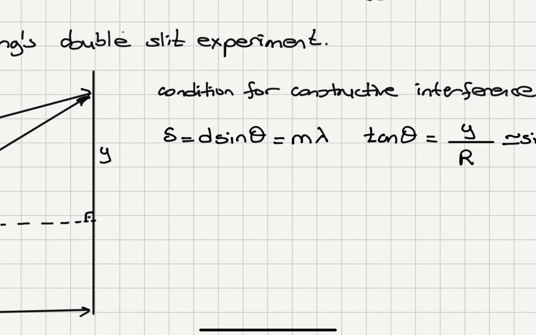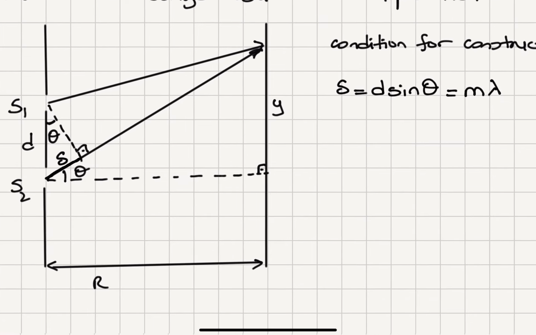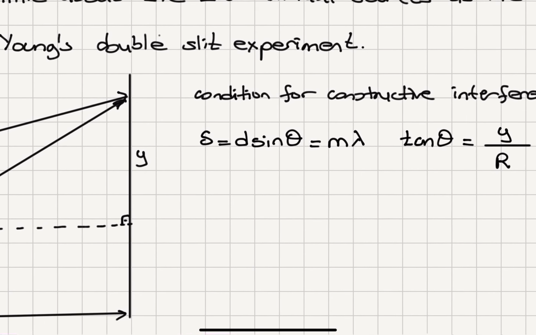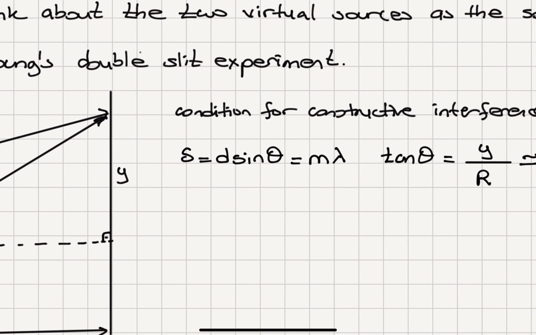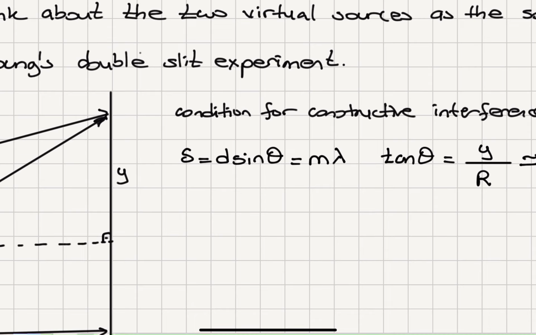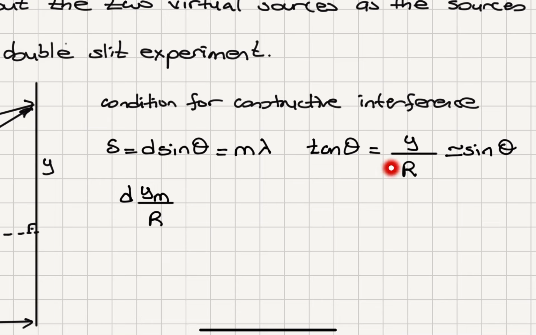So I have d times sine theta, which is d times tangent theta, the position of the maximum divided by R. Substituting y over R for sine theta, this must be equal to m lambda.